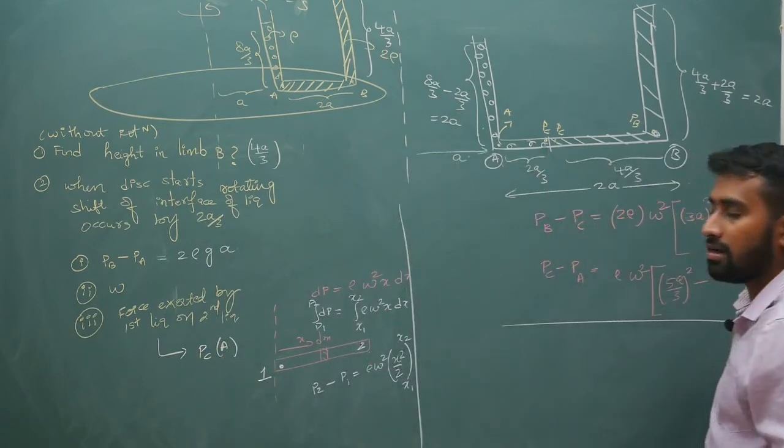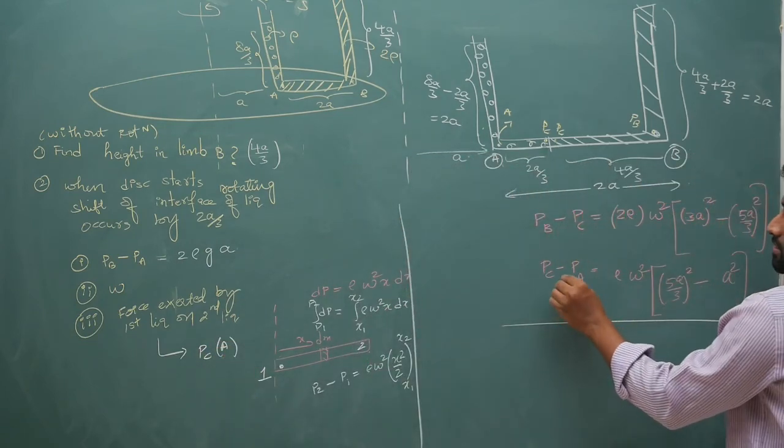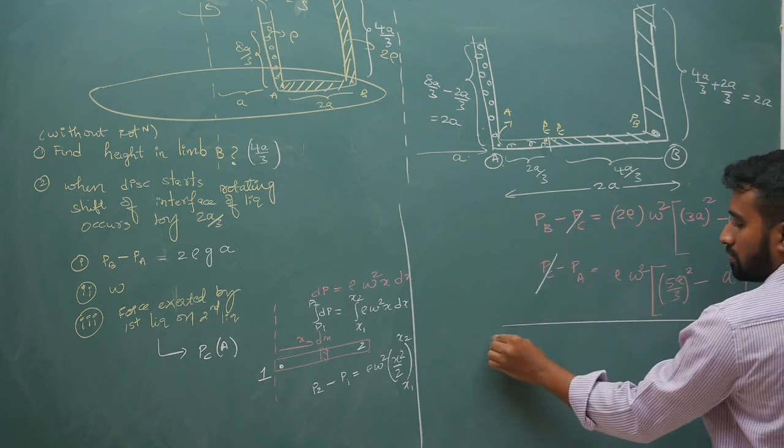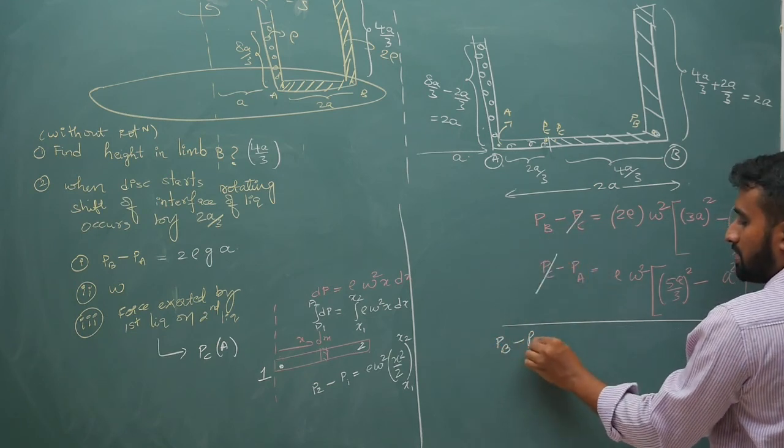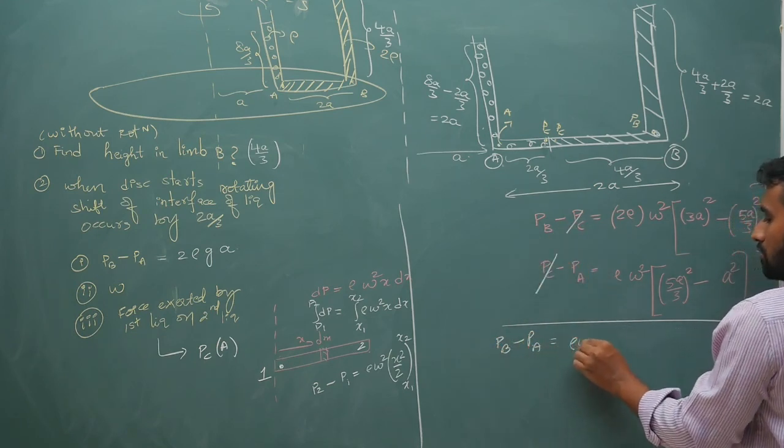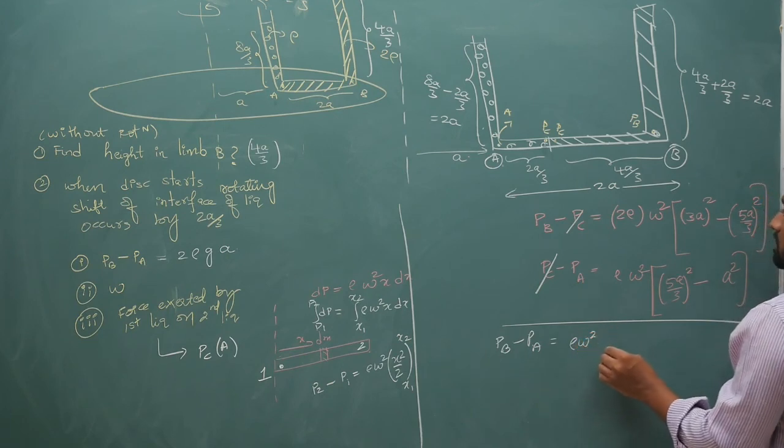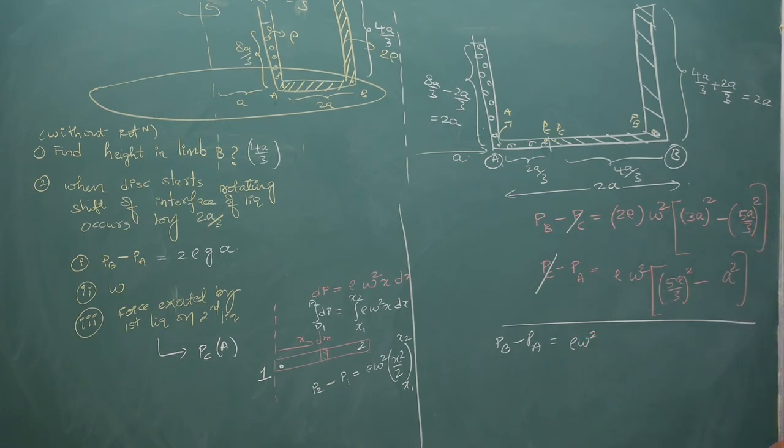To get omega, I will add these two: PB minus PA is equal to rho omega square times, how much are you getting? 3 square is 9, 9 minus 25 by 9, 81 minus 25, around 56 by 9 I suppose, whatever it is.